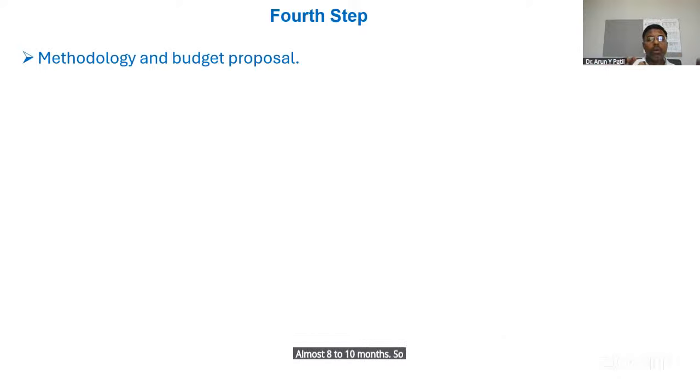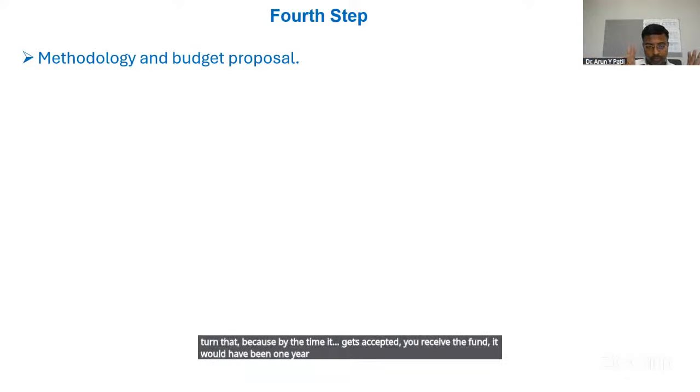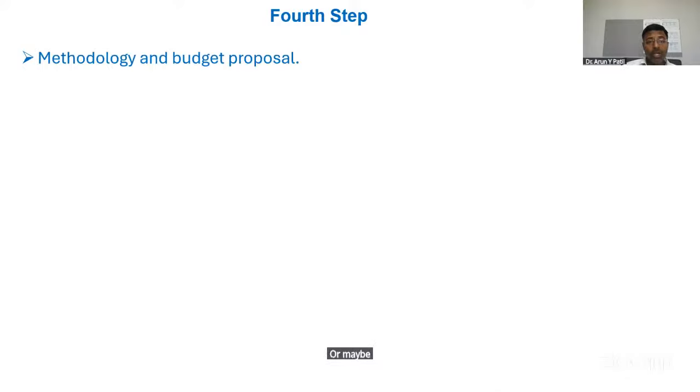So you have to add 10 to 15% additional budget on the total budget. For example, if your budget is coming out to 10 lakh, you have to quote at least 11.5 to 12 lakh, because by the time it gets accepted and you receive the fund, it would have been 1 year, or maybe now it has reduced to 6 months, I can say.